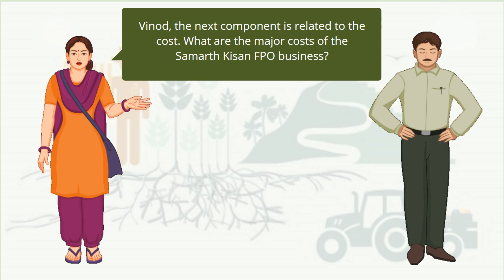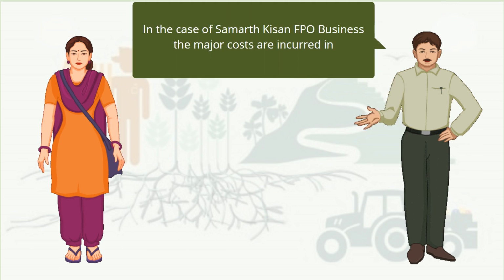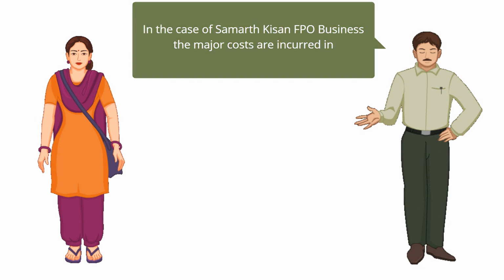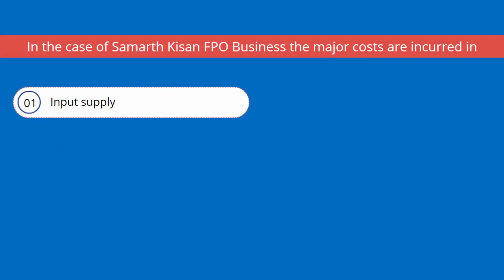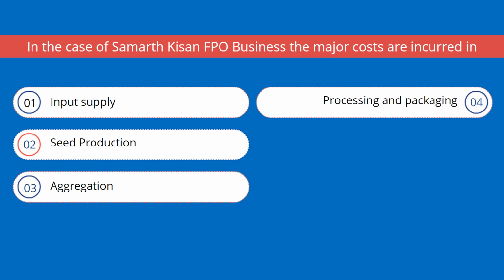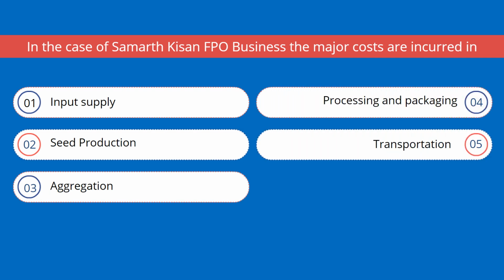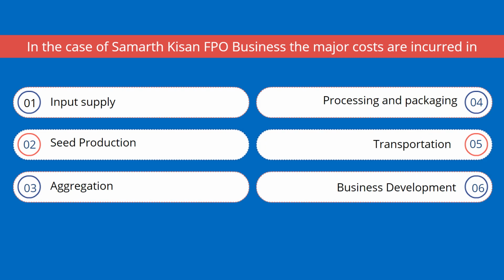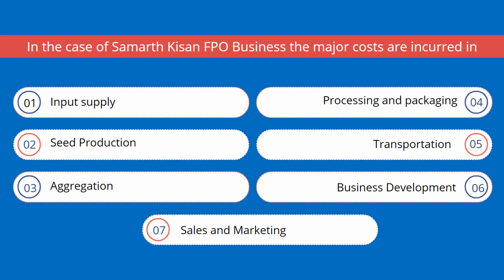Vinod, the next component is related to the cost. What are the major costs of the Samarth Kisan FPO business? In the case of Samarth Kisan FPO business, the major costs are incurred in input supply, seed production, aggregation, processing and packaging, transportation, business development, and sales and marketing.